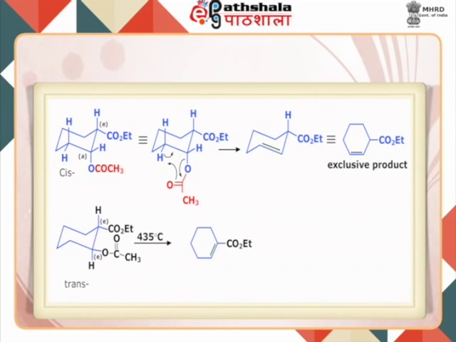So, you can clearly see here again it is going via the syn elimination wherever the cyclic transition state is being favored.